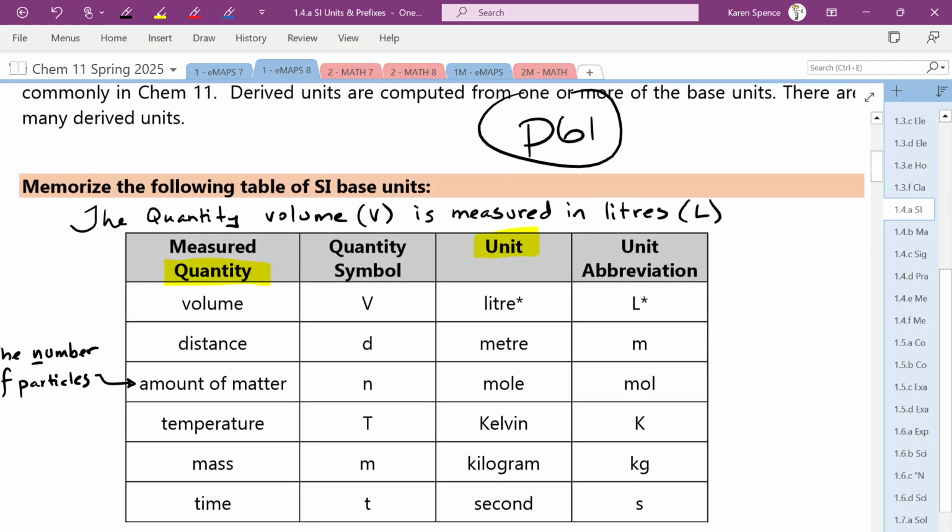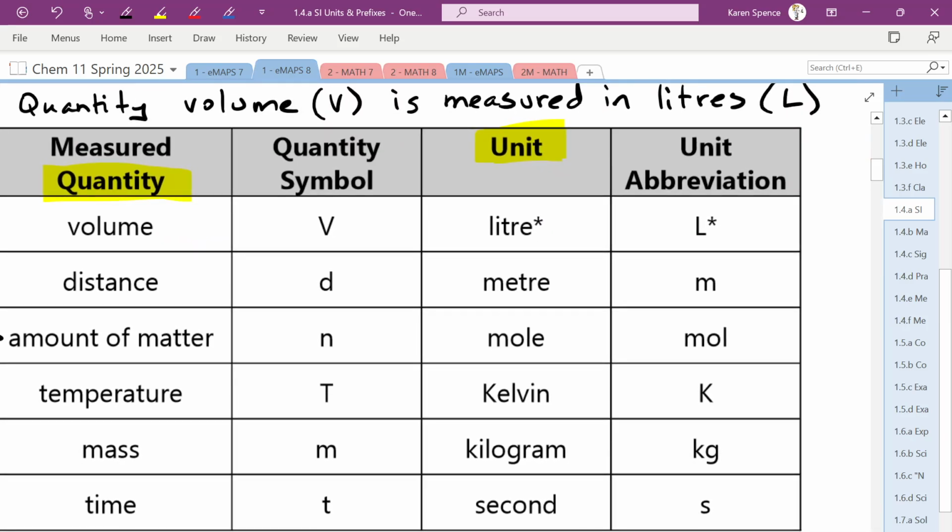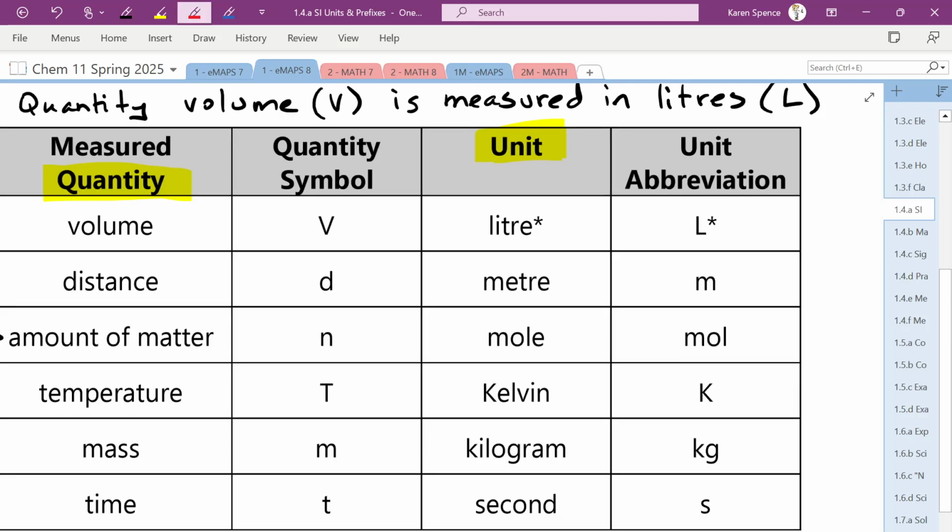You will be responsible for knowing the quantity symbol, the unit, and the unit abbreviation. It is important which ones are capitals and which ones are lowercase.